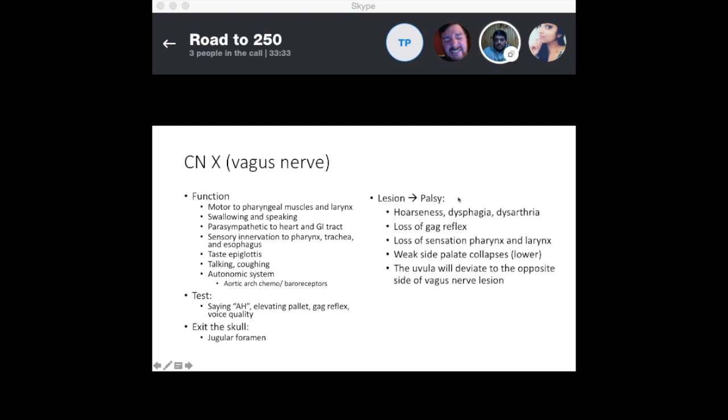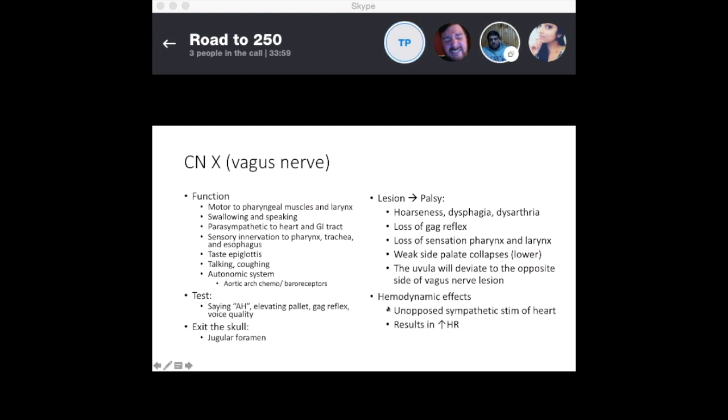If you have a lesion, you're going to get hoarseness, dysarthria, dysphagia, and you get a loss of gag reflex, loss of sensation to the pharynx and larynx, and your weak side palate collapses, so on a lesion you'll see it lower compared to the other side. The uvula will deviate to the opposite side of the vagus nerve lesion.